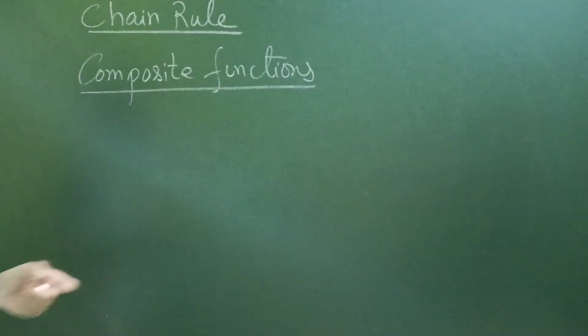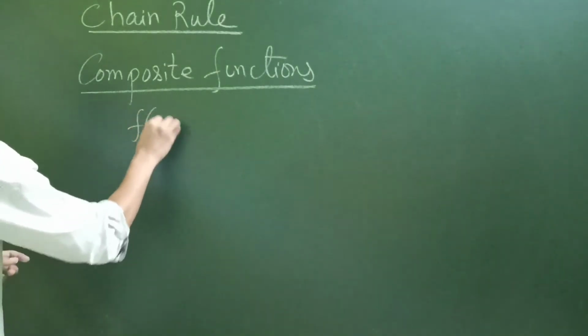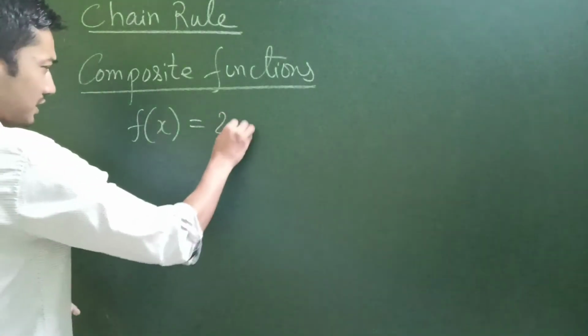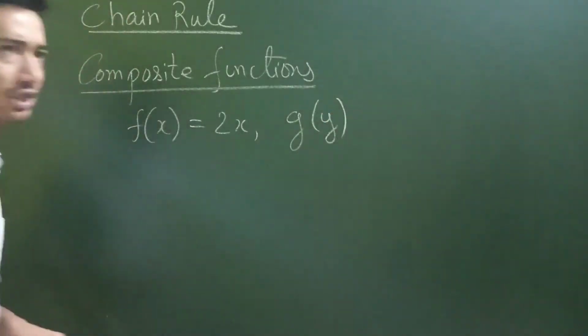So, for example, let's say if we just take one function, f of x, maybe f of x as, what shall we take? Let's say 2x. Another function, let's say g of y.